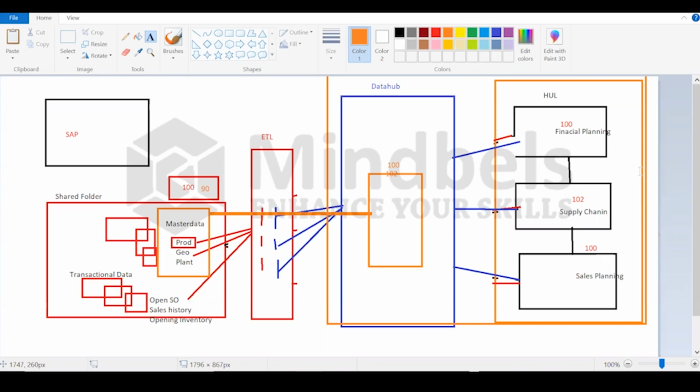So what is our interaction here? Nothing. Whatever data they give, we just copy and paste here and transform into these different scope models. So based on this information, can we say this data hub has a single source of data? This data hub is the only model which can be a single source.